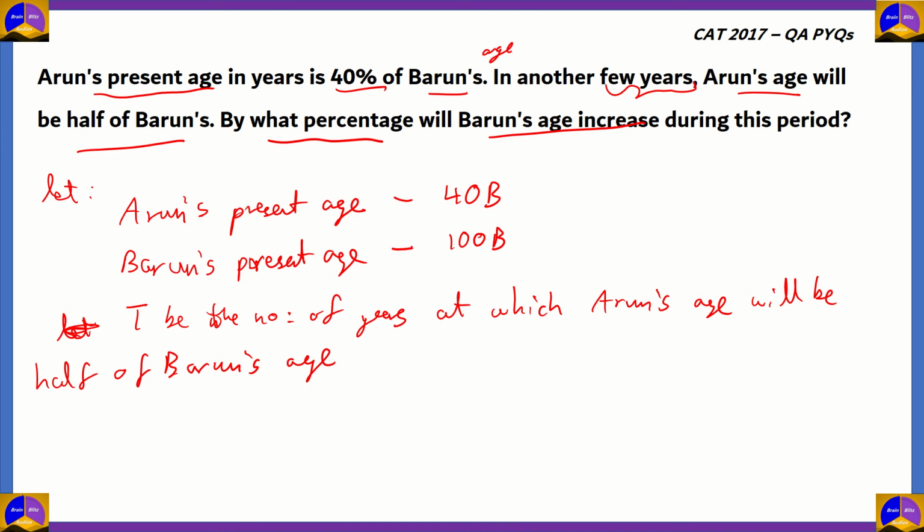All right. So we know that we consider Arun's present age is 40B, Barun's present age is 100B, and we know that T will be the number of years at which Arun's age will be half of Barun's age.